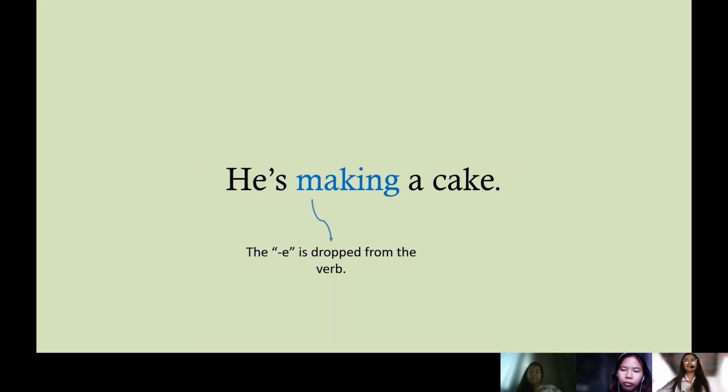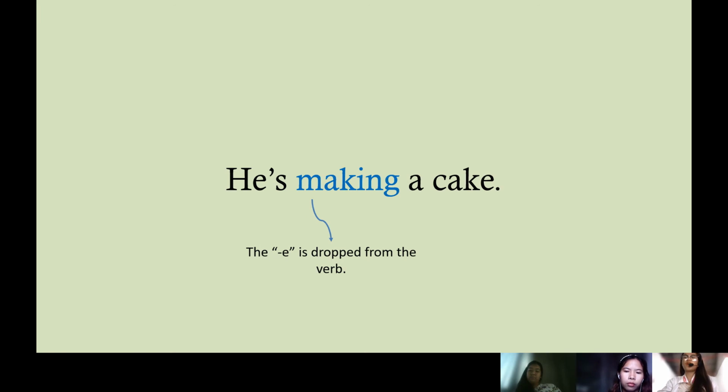So next, I think this is the last example. He is making a cake. Okay, so let me ask you, ano ba yung base form ng making? What is the base form or the simple form of the word making? Make po. Make. Okay, so when we change it into ing, it changes into making. Why?